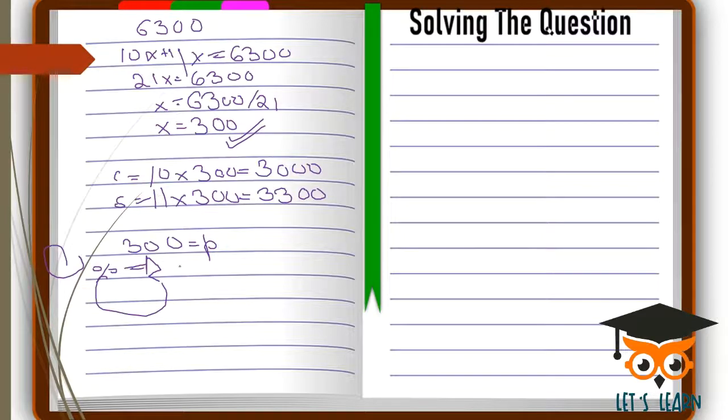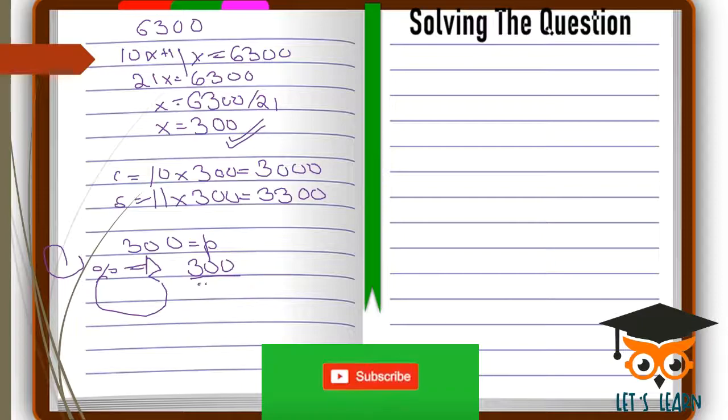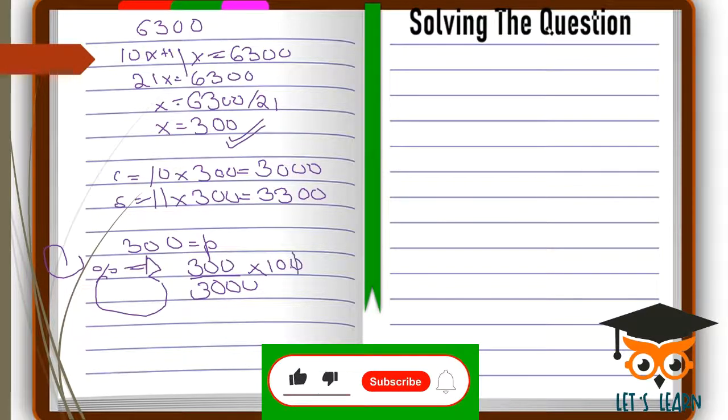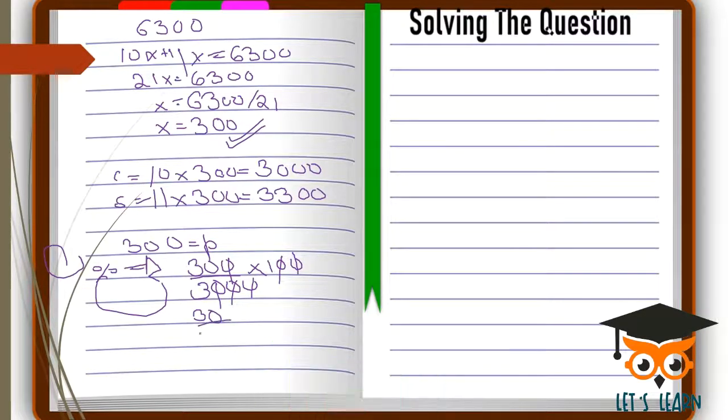For taking out the percentage, we will write it as 300 upon 3000 into 100. We can cut the zeros. That is 30 upon 3, and we will get 10% again.